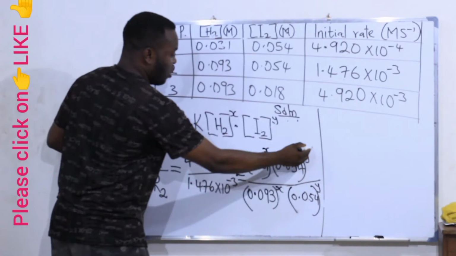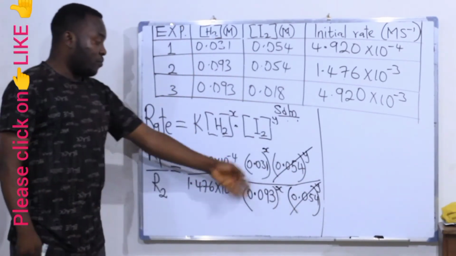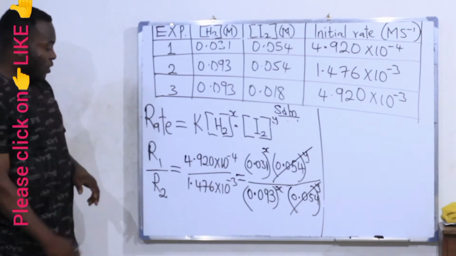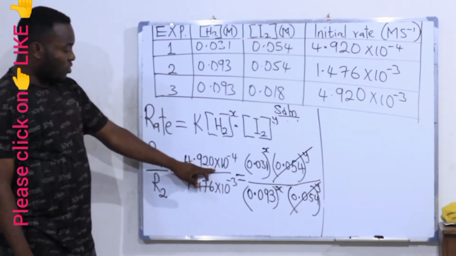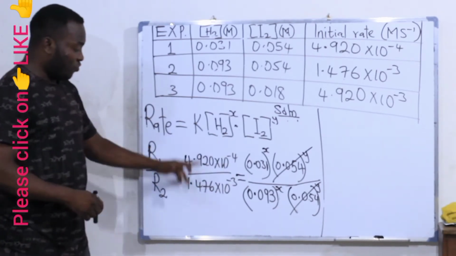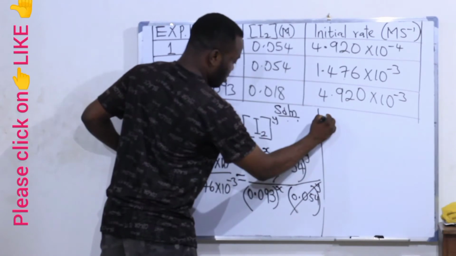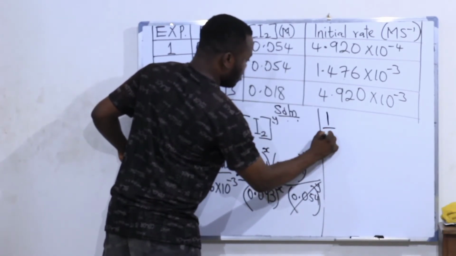So this will cancel out. Now that my Y is out, I can comfortably find X. How do I do that? If I press 4.920 times 10 power minus 4 divided by this, I will get this over this, which will give me 3. That is 1 all over 3.